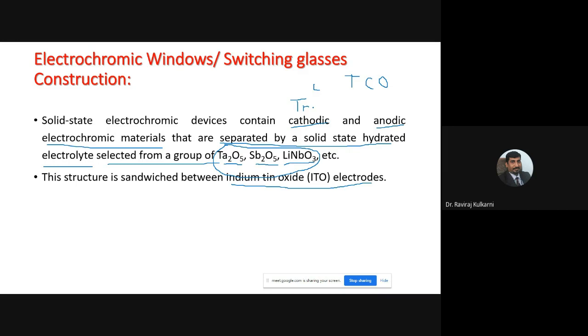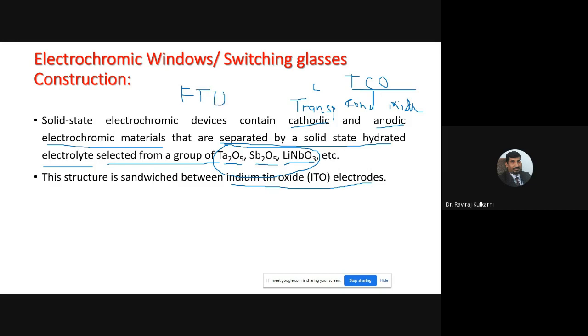Indium doped tin oxide is conducting, it is transparent, and it is a conducting metal oxide. Usually we use FTOs or ITOs. FTO means fluorine doped tin oxide.